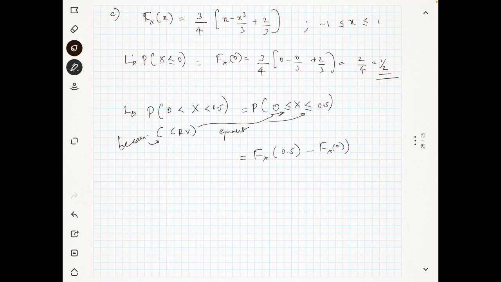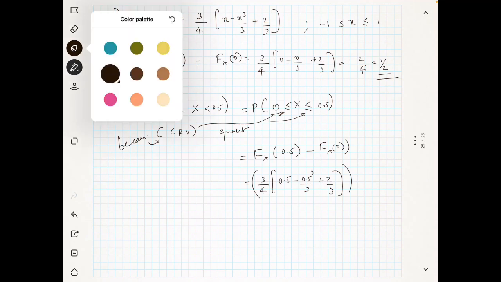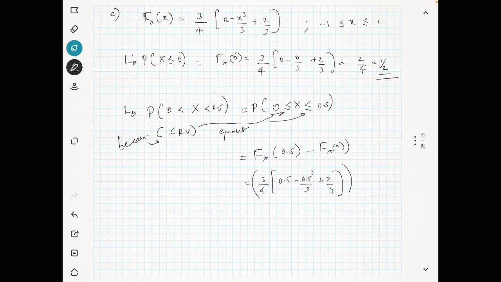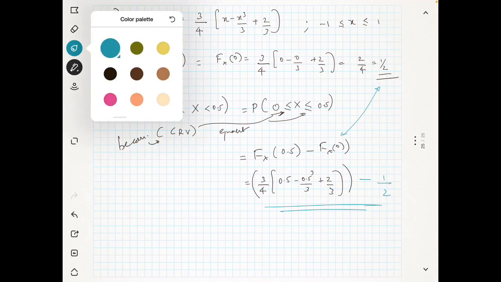So Fx of 0.5 is 3 by 4 into 0.5 minus 0.5 whole cube by 3 plus 2 by 3. This is your Fx of 0.5, and you know this answer Fx of 0, you have already got it, which is 1 by 2, so minus 1 by 2. So this is the answer. Okay, I am not going to solve this.